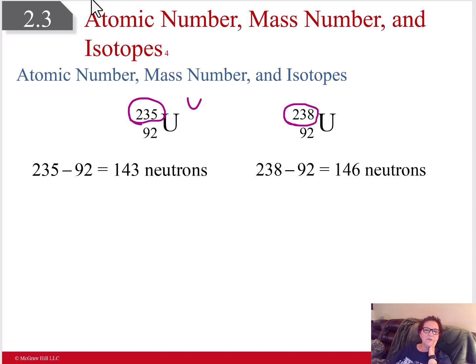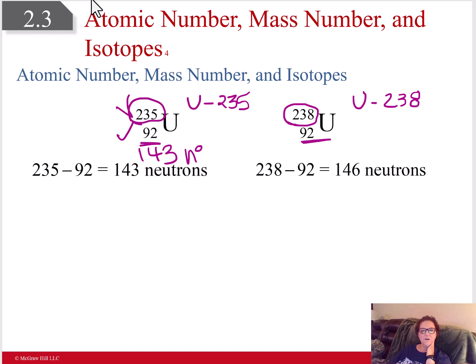We can also write this as U-235 or U-238. Both have 92 protons. Remember the mass is written on top and the atomic number on the bottom, so when I subtract those two numbers, I can find out how many neutrons there are.